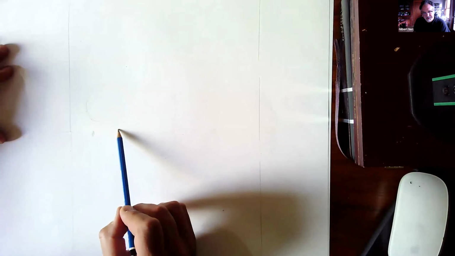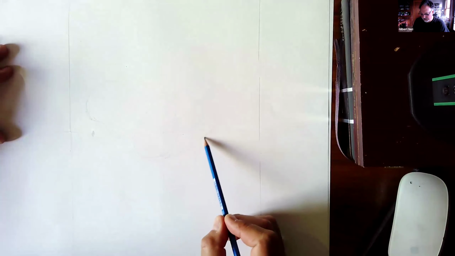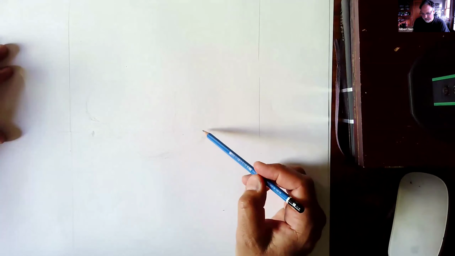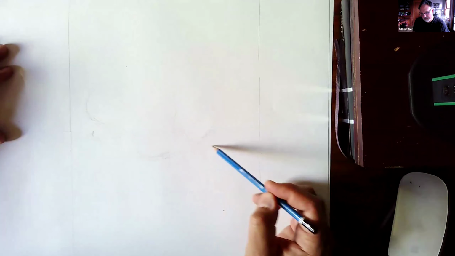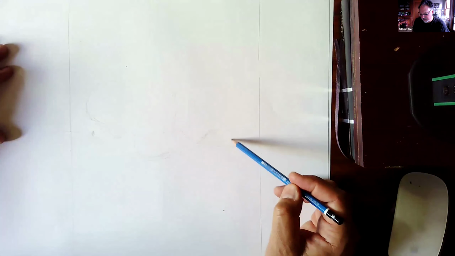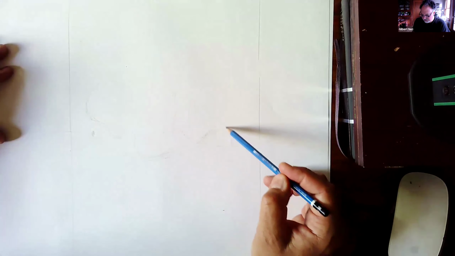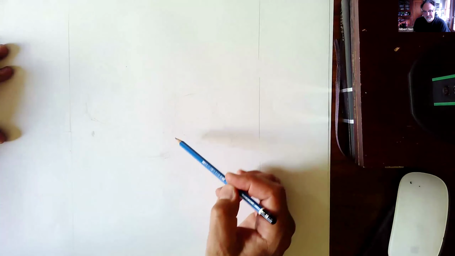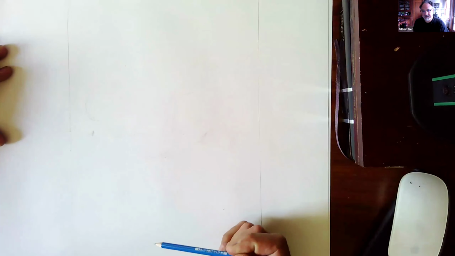Because what I'm doing is being really non-committal right now about my subject matter. This preliminary sketch is just to get the general shape and orientation of all of the elements in the photograph. Now, it's not going to be perfect, and sometimes your page might not match the dimensions of the photo that you're trying to draw.